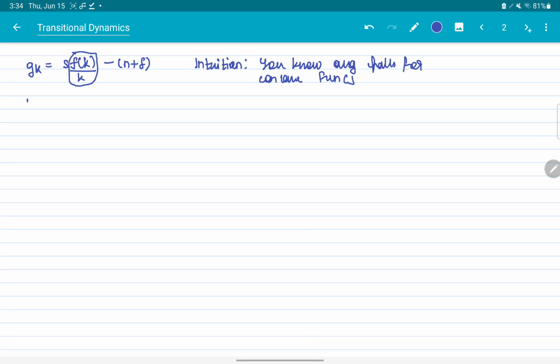Okay, so dg(k) by dk is then equal to (s times (k f dash k minus f of k)) by k square. So just consider the numerator. The denominator is positive anyway.